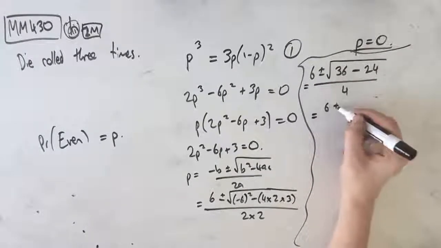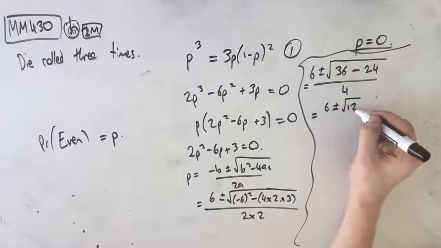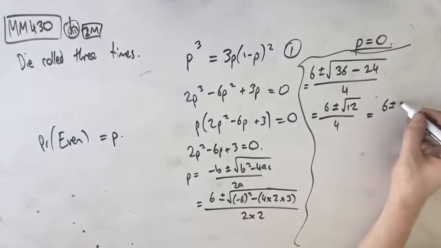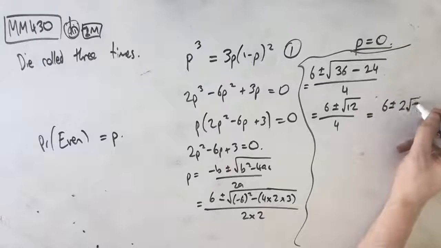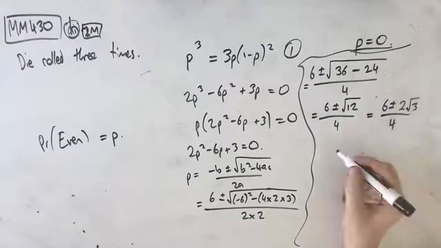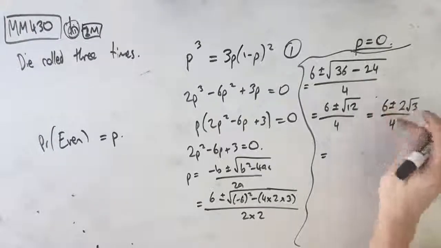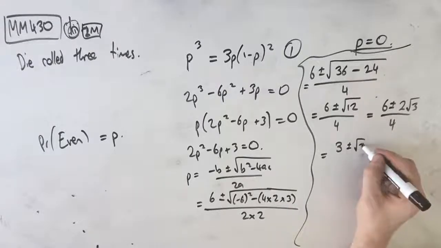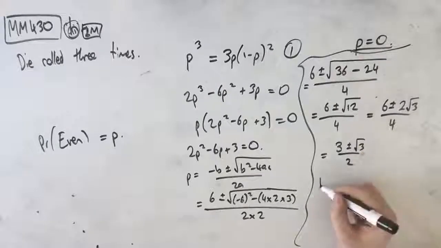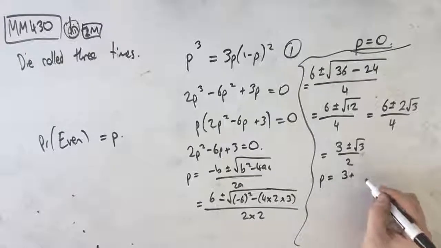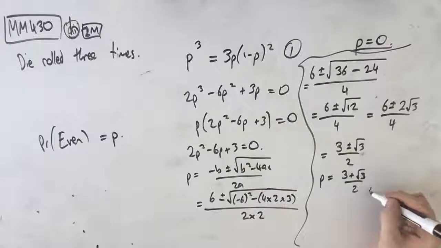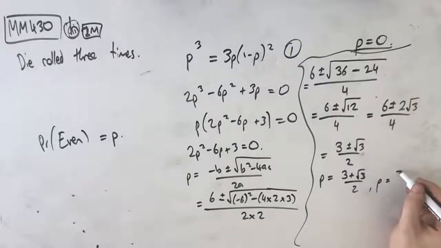Now, 6 plus minus the square root of 12 over 4 equals 6 plus minus 2 root 3 over 4. We can take a common factor of 2 out, divide everything by 2, and get 3 plus minus root 3 over 2. So therefore P equals 3 plus root 3 over 2, and P equals 3 minus root 3 over 2.